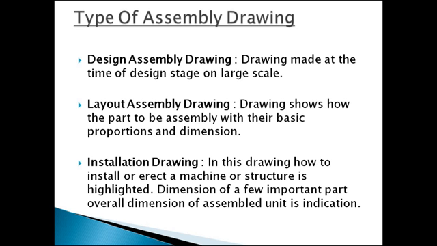Also friends, whatever the drawing is, it must be foolproof. Foolproof drawing means whatever dimensions, GD&T and sizes we have put on a drawing must actually be manufacturable and assemblable. At the time of drawing we can understand what kind of dimensions we have put, whether they can be manufactured or not, and what kind of tolerance we expect from the machine.